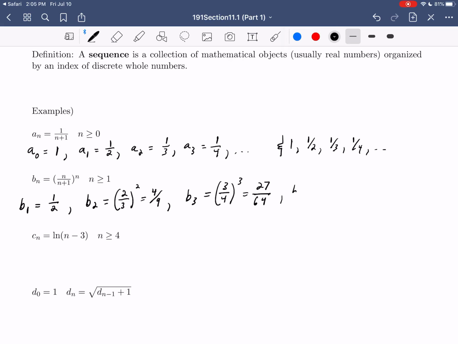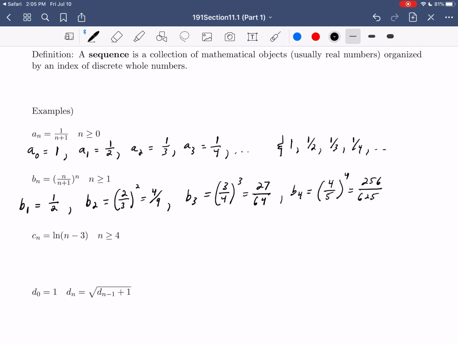And just one more: b sub 4 would be 4/5 to the 4th, so that would come out as 256 over 625. Again, we don't really care about the arithmetic, but there we go.